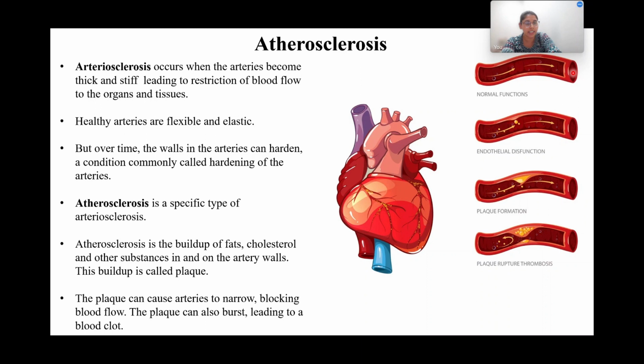As the plaque grows, you can imagine the narrowing of the artery leading to increased blood pressure. But as the plaque formation goes to a higher level, at some point it can also burst, and when it bursts, it leads to blood clots, which is called thrombosis. Thrombosis can have a very severe effect, which is called a heart attack.